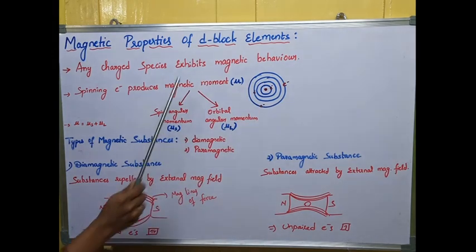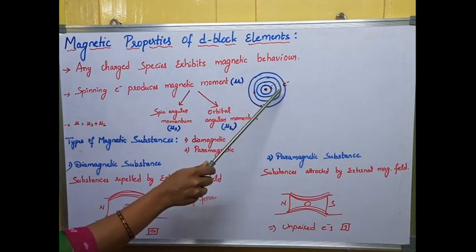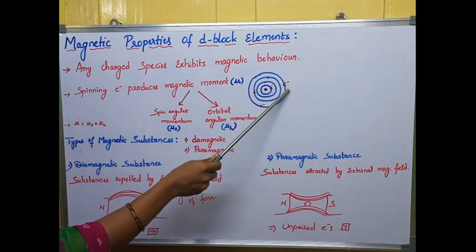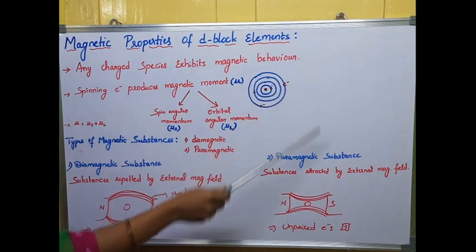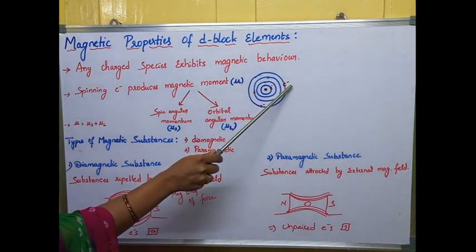Coming to spin angular momentum, when an electron rotates around itself, it rotates in a clockwise or anti-clockwise direction. Whenever it is rotating clockwise, we keep upward spin. Whenever it is rotating anti-clockwise, we keep downward spin. So it develops two types of spin angular momentums.